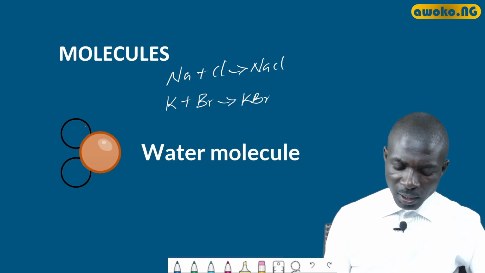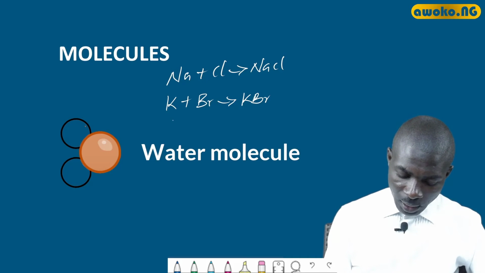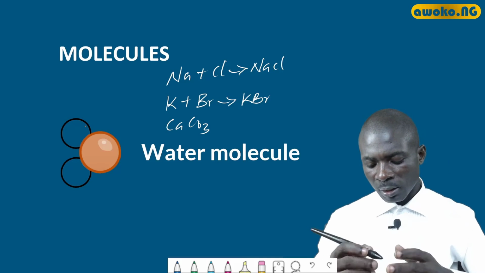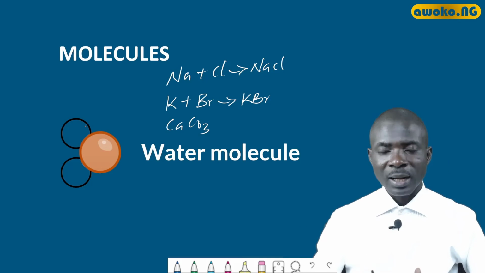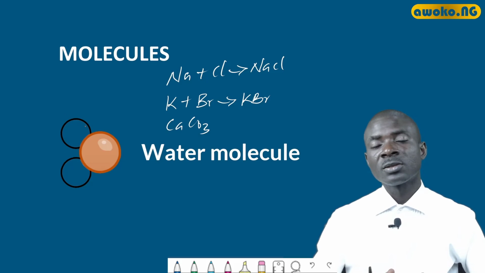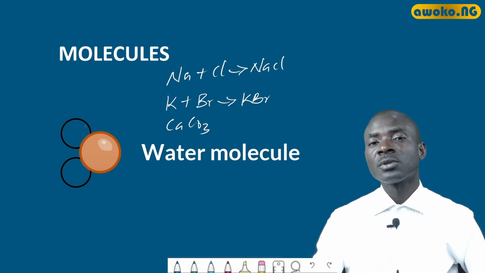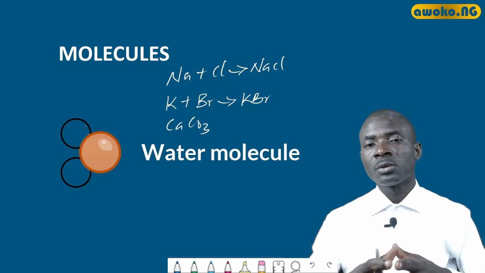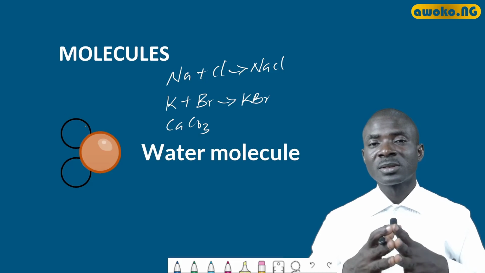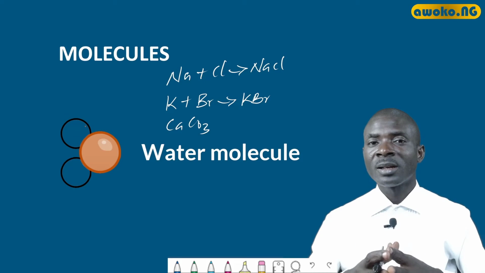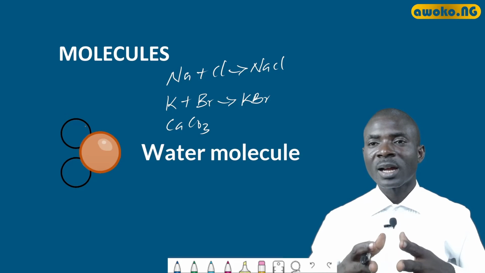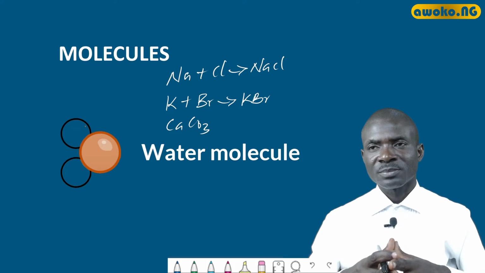We can also have other molecules like a molecule of calcium trioxocarbonate IV, where we have elements like calcium, carbon, and oxygen combining together to give us a molecule of a compound. Of course, these are examples of smaller molecules. We also have other larger molecules like starch or carbohydrate, where the number of atoms is very large.